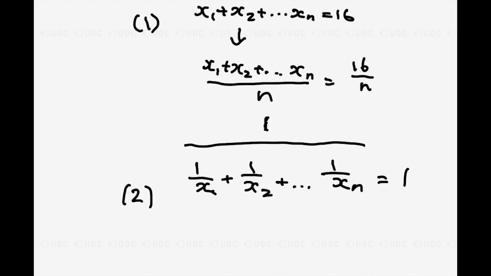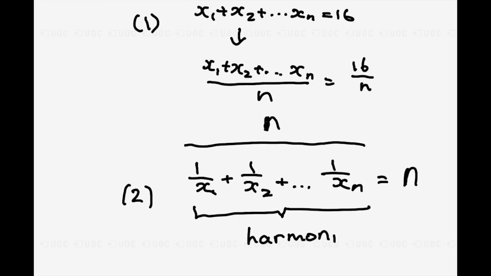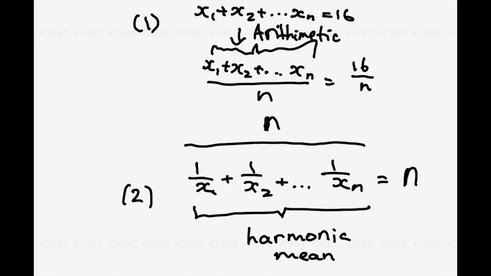Now multiplying by n on both sides, we get this equation. Now in case you didn't know, this is called the harmonic mean of these n numbers, and this is called the arithmetic mean, which you probably already know.